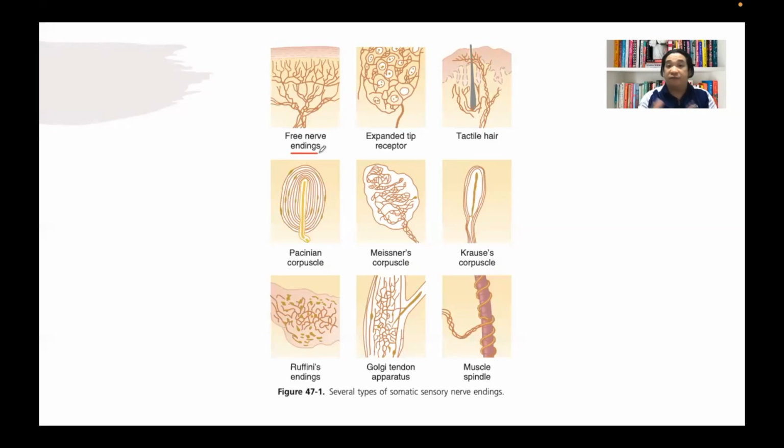First we have the free nerve endings, the expanded tip receptors, the tactile hair receptors, which are very close to the hair follicle. We have the Pacinian corpuscle, the Meissner's, the Krause, and of course Ruffini's, the Golgi tendon apparatus. Then we have the muscle spindle.